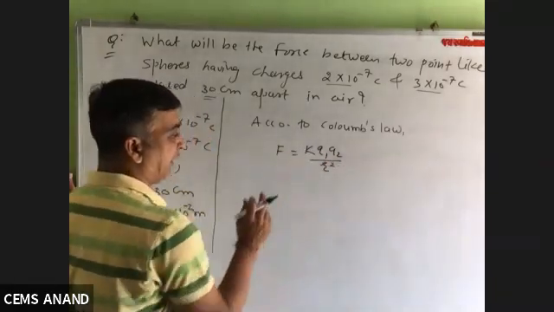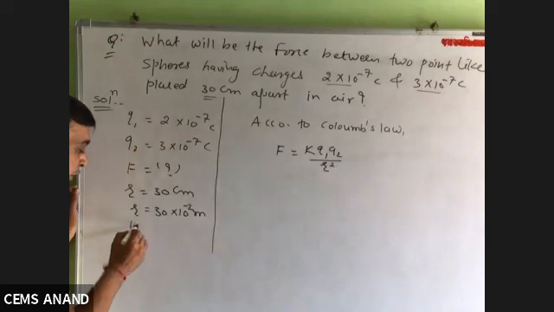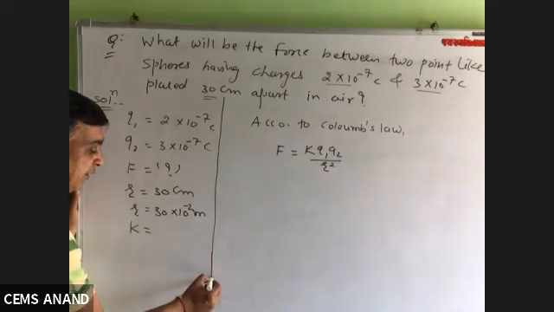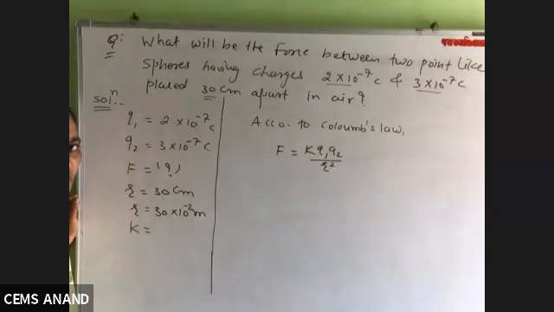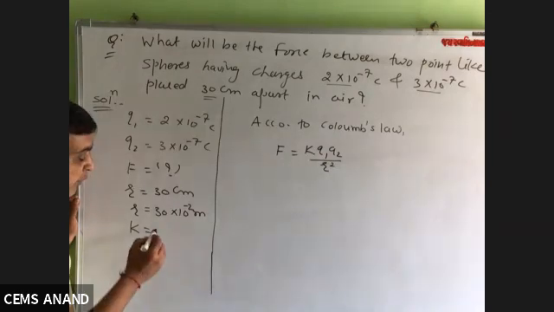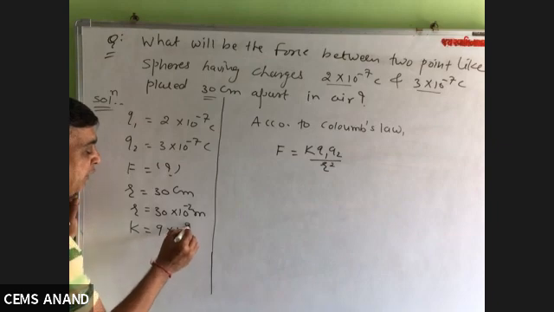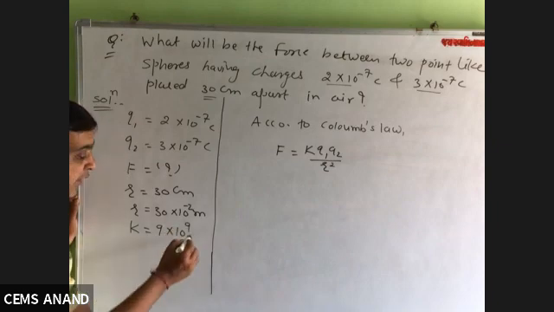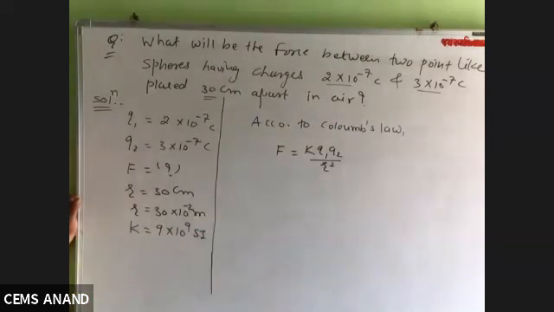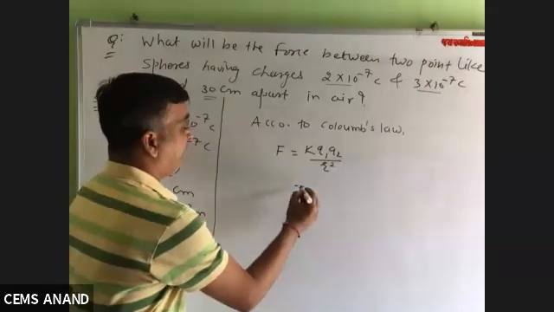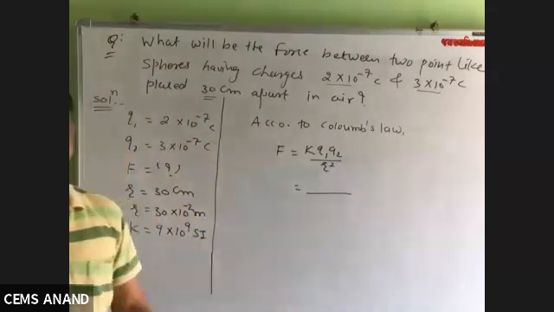We require K as well. So as we used it in previous numerical, now we remember that its value is 9 into 10 raised to 9. Right. So I am waiting for your answer. Just go for it.